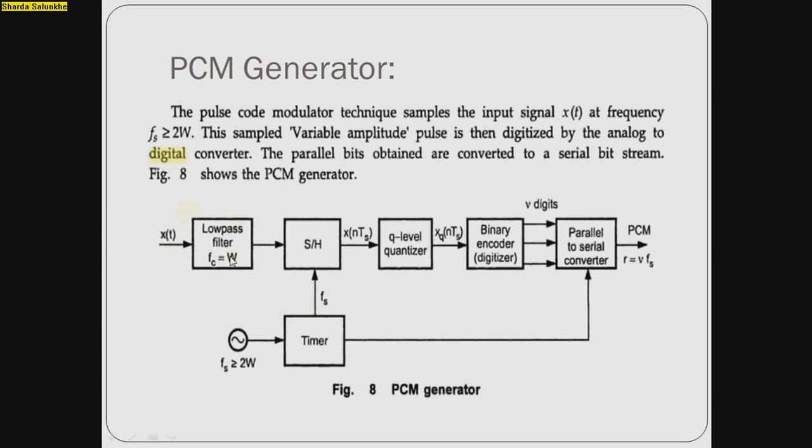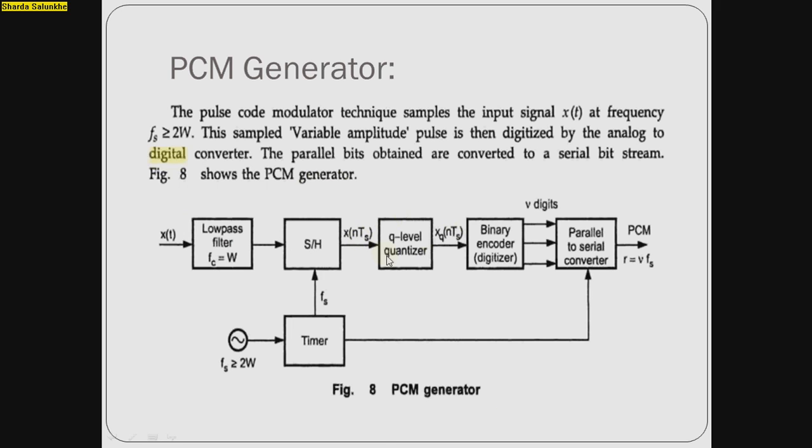So x(t) is fed to the low pass filter, where the low frequency component is passed and high frequency components get attenuated. Then that signal is fed to the sample and hold circuit, where the sampling is done. So you will get x(nTs), which is a discrete signal.